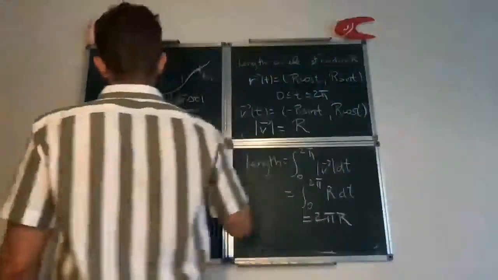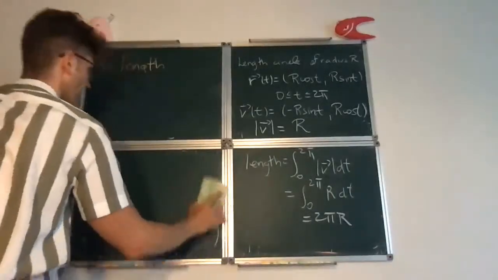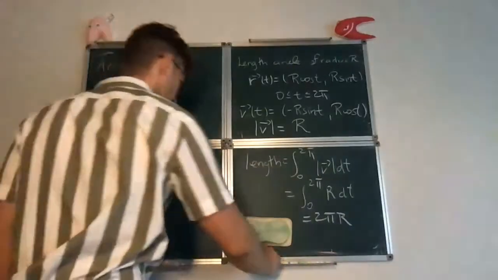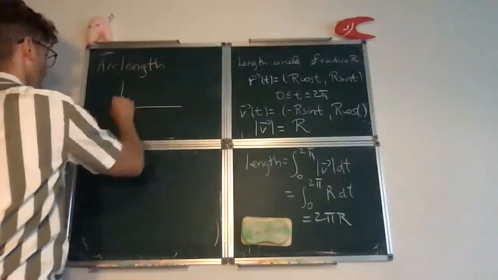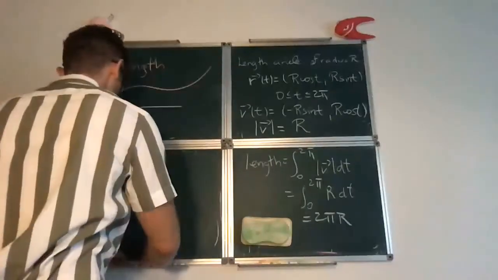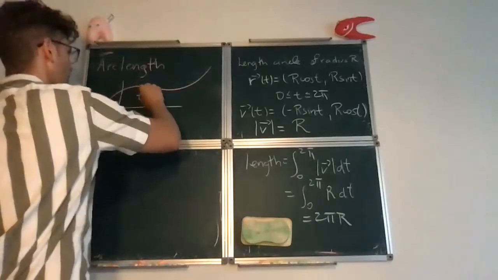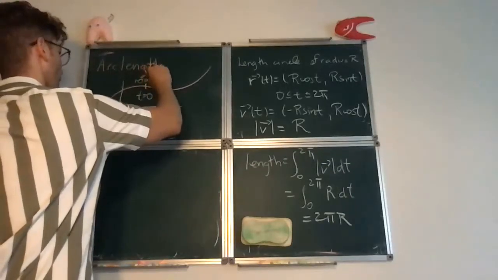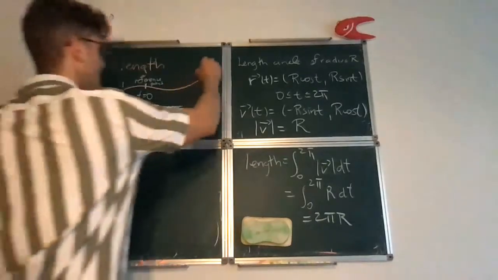So what I mean by that, what is arc length? Again, the idea is to have a curve, and now you have a reference point, which is time t equals 0. So this is a reference point. And then you have another time, which is t.